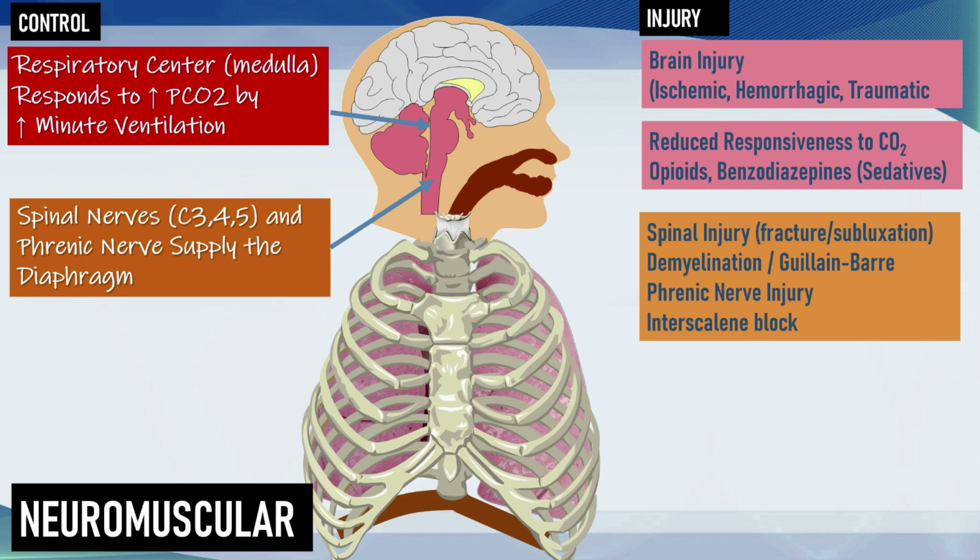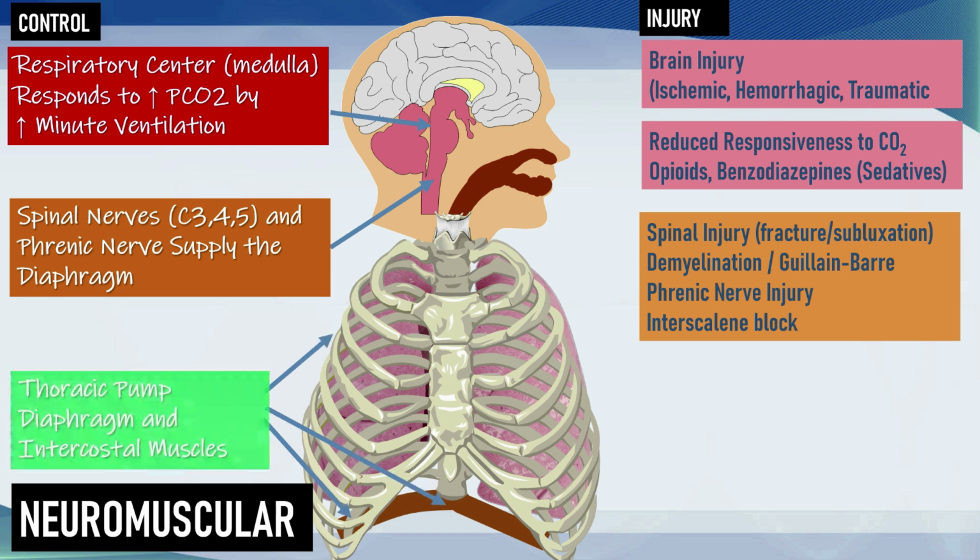So if a patient has a major spinal injury, for example, a subluxation or a fracture in the cervical spine, this can affect the spinal nerves and essentially paralyze the diaphragm. There are other diseases that may affect these nerves, such as Guillain-Barré syndrome or other demyelinating disorders, and indeed a phrenic nerve injury during surgery, or even partial paralysis of the phrenic nerve during, for example, an interscalene block that will reverse over time.